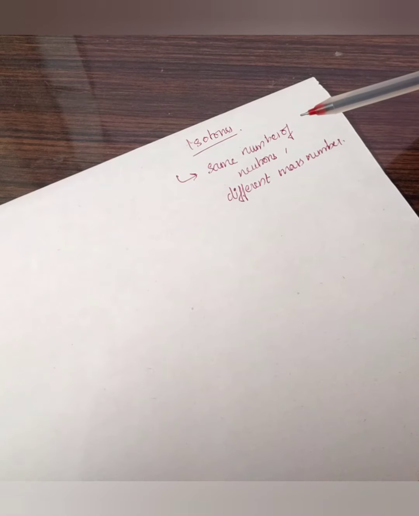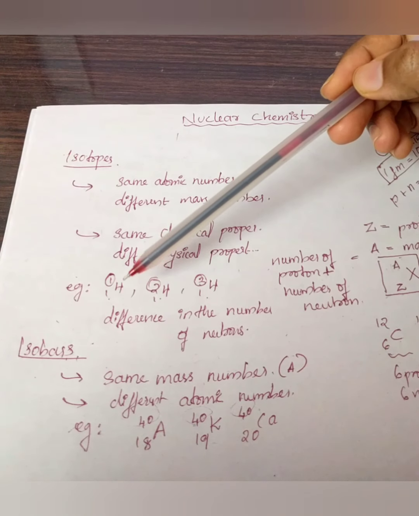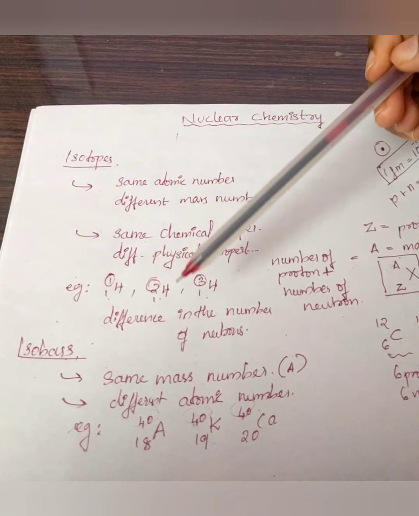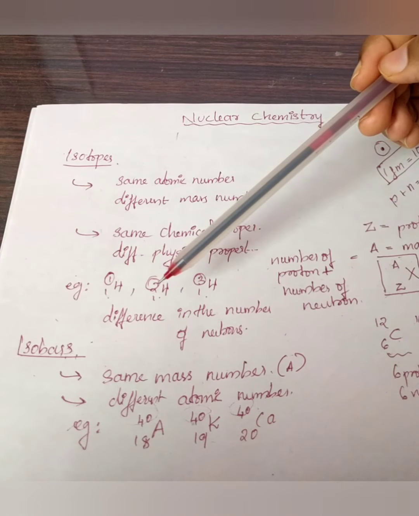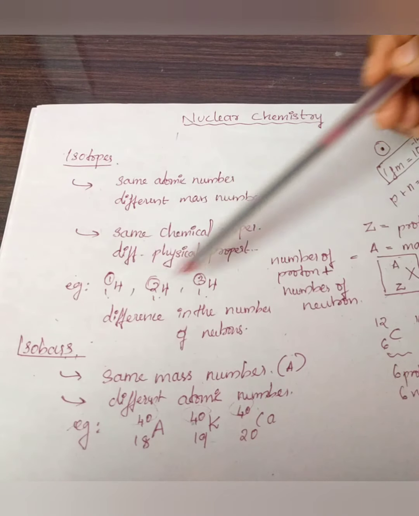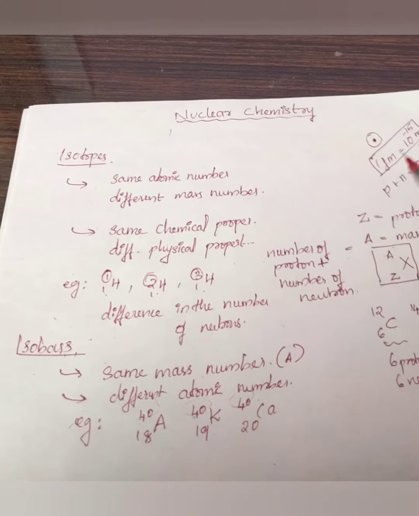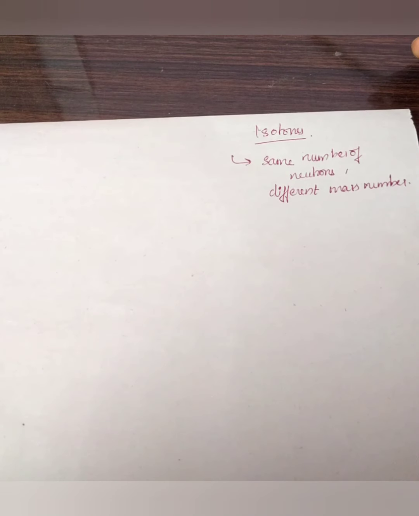In isotopes we are considering the same atom, so their chemical properties will be the same. The way a hydrogen atom reacts, the same way protium, deuterium and tritium will react. But isobars and isotones have different physical and chemical properties, which you have to note.